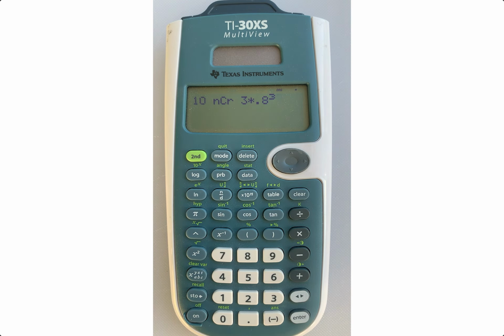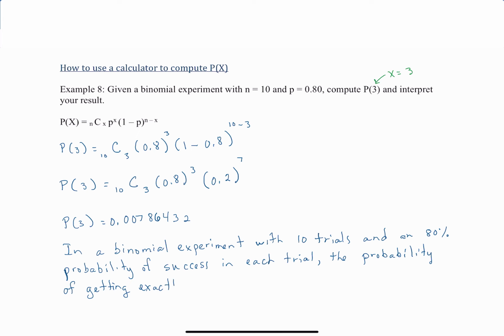the probability of getting exactly 3 successes, and of course that's out of the 10 trials, that probability is, and I'm going to write this as a percent again because that's a little more intuitive, 0.7, let's round off to 9 there, percent.